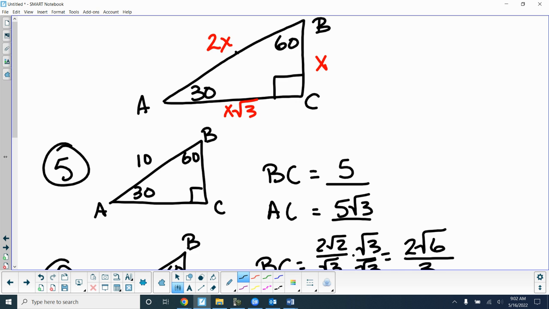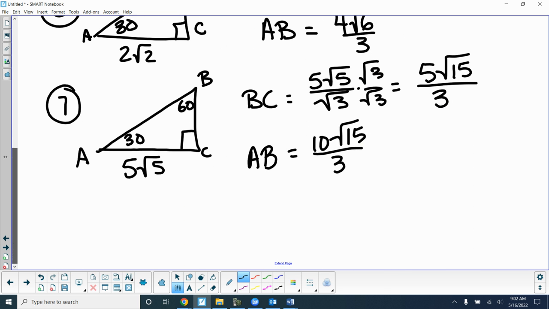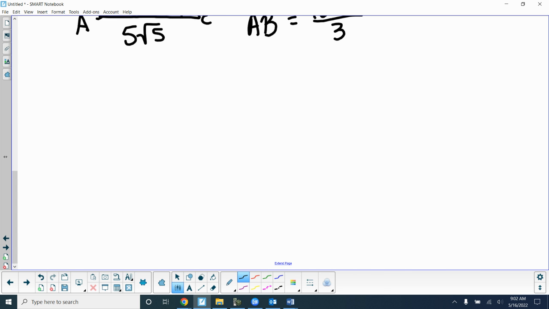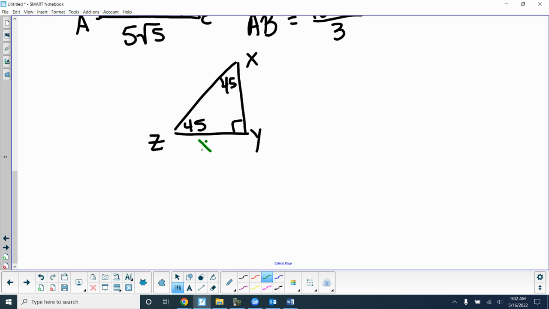8, 9, and 10 is this situation where we have a 45, 45, 90. And I made these X, Y, Z like that. And these are always the same. And hypotenuse is always whatever those are times the square root of 2. Always.